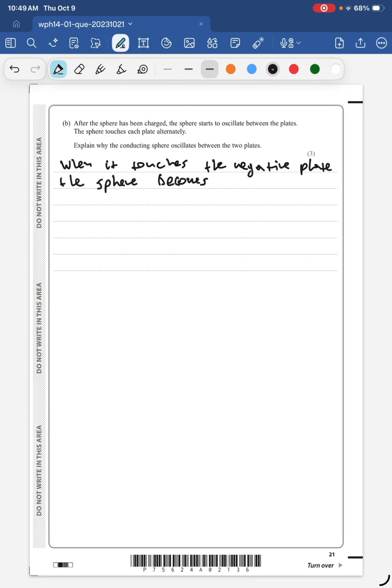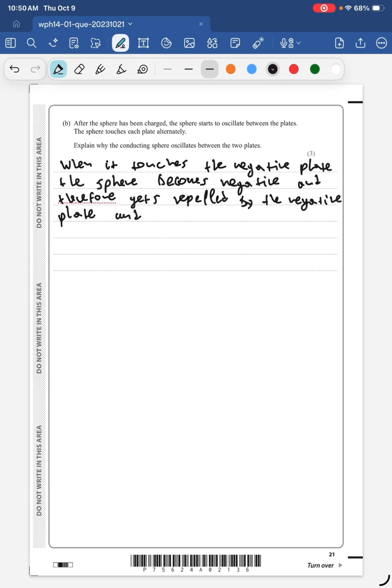So the sphere becomes negative and repelled, and therefore gets repelled by the negative plate. Okay, and attracted to the positive plate.